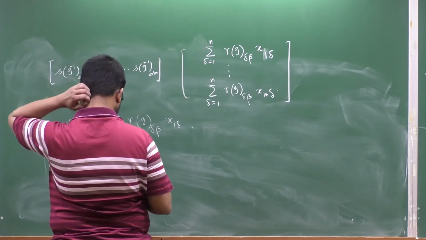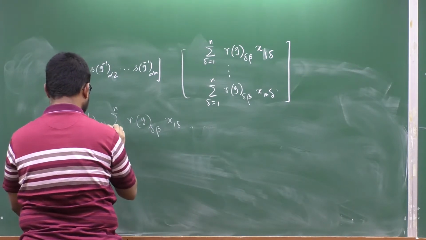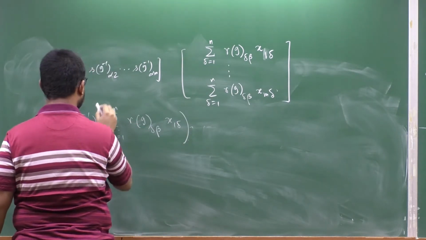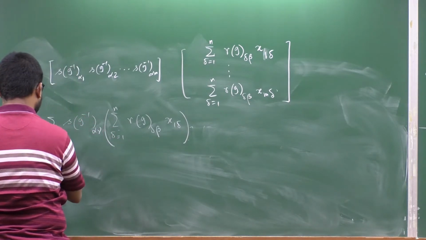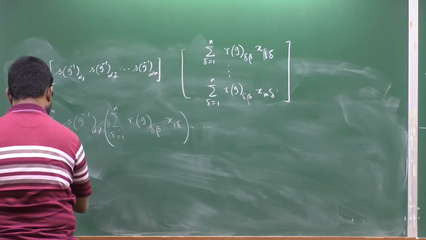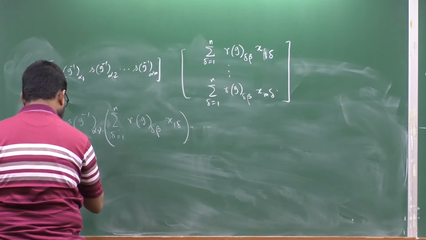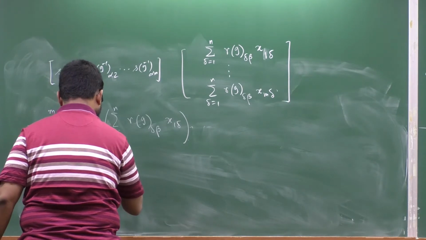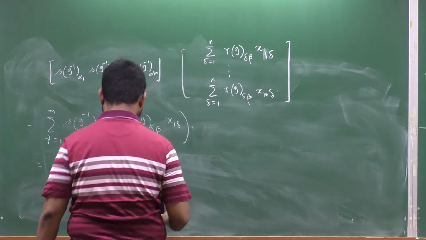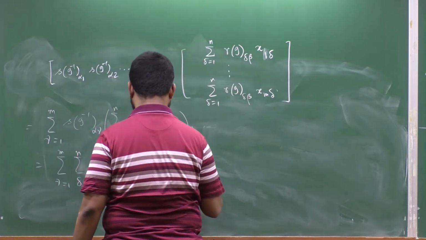So here a typical element will be alpha gamma, and gamma will run from 1 up to m, and this is simply a case of double summation in Sg inverse alpha gamma Rg delta beta times x.